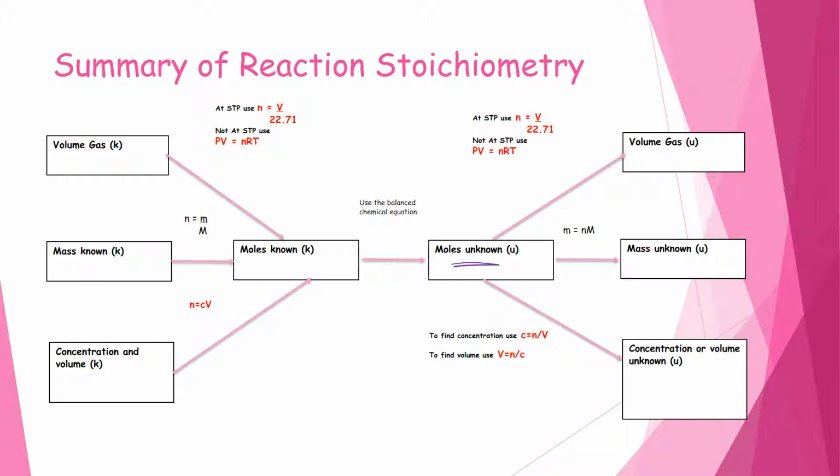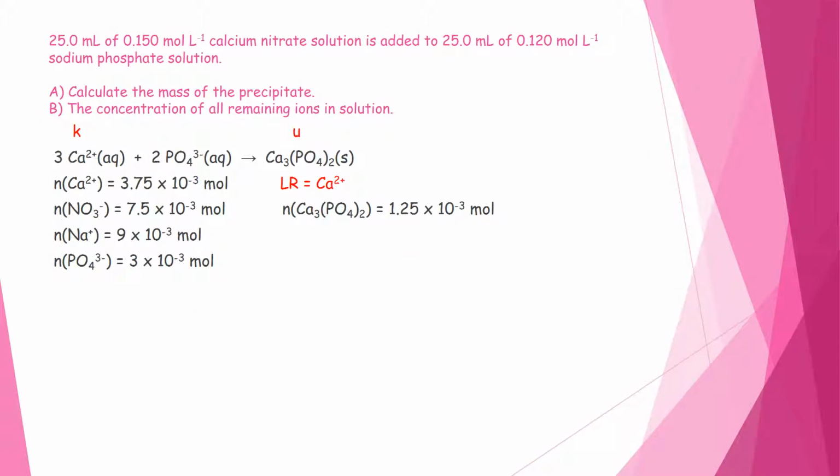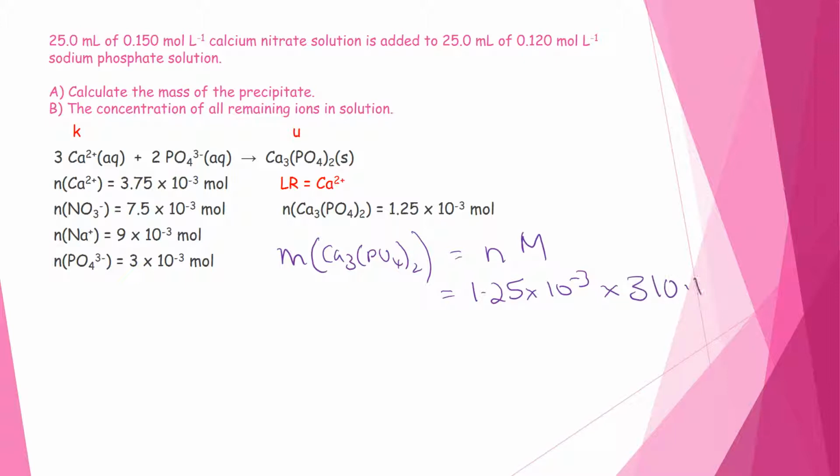So now we've got our moles of our unknown, we can find the mass of our unknown because we're going to find a mass of our precipitate by using mass equals number of moles times formula mass. So we've got our moles, so the mass of calcium phosphate equals number of moles times formula mass, which is 1.25 by 10 to the negative 3 times the formula mass, which I get off the periodic table, which is 310.18, comes out to 0.388 grams.